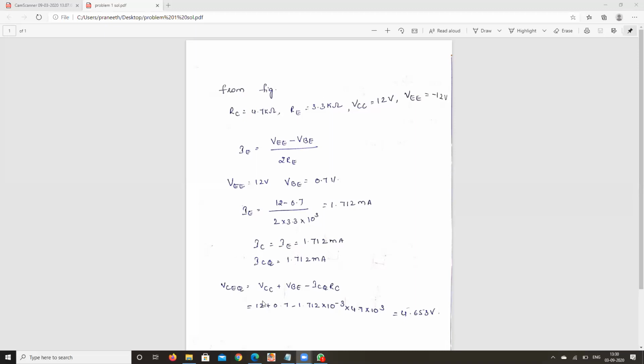VCC is 12, VBE is 0.7, ICQ you got 1.712 into 10 power minus 3. And RC is 4.7 kilo ohms, means 4.7 into 10 power 3. So you got 4.65 or 64, anything you can take.